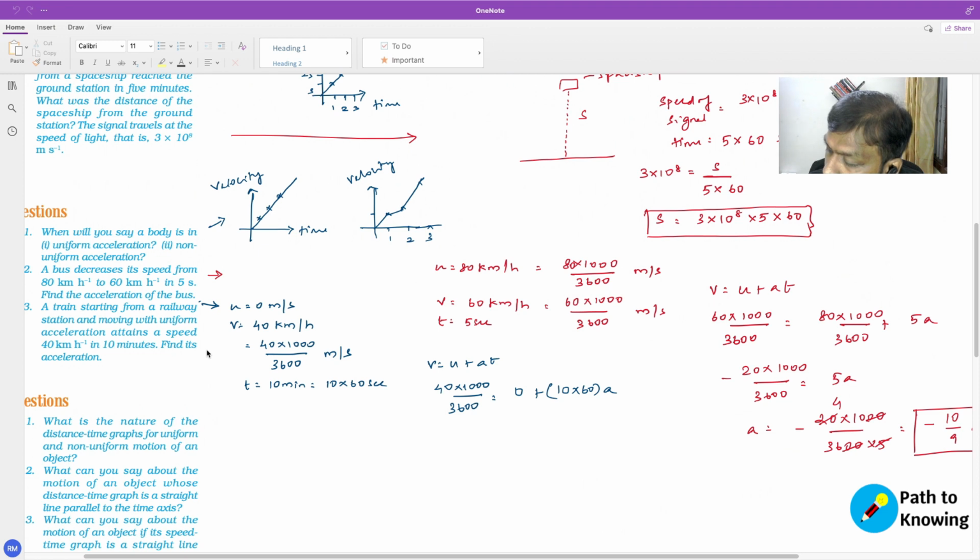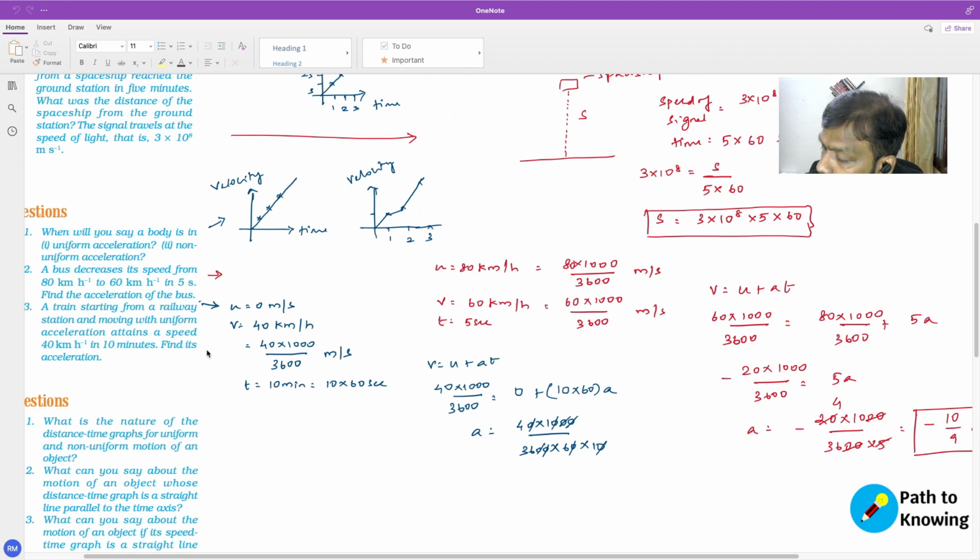So a is equal to 40 into 1000 divided by 3600 into 60 into 10. So let's cancel these zeros out. Let's cancel this one as well, and let's cancel this 0 as well.